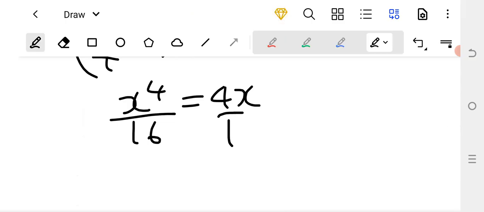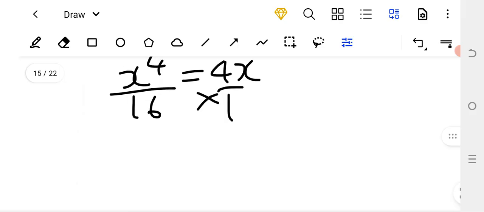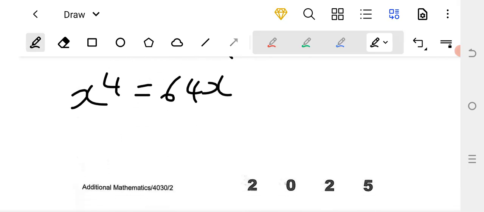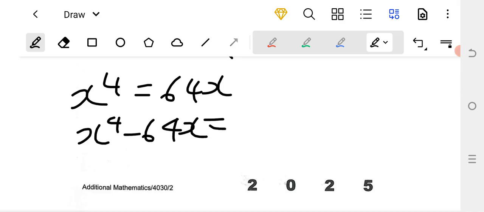To continue, we'll cross multiply. We are going to have x to the power 4 is equal to 16 times 4, which is 64x. Then x to the power 4 minus 64x is equal to 0.